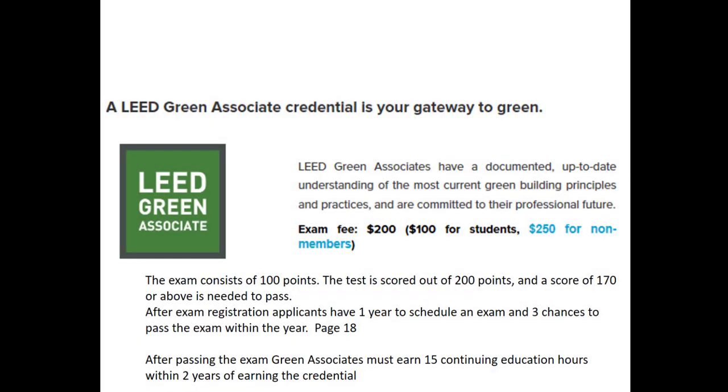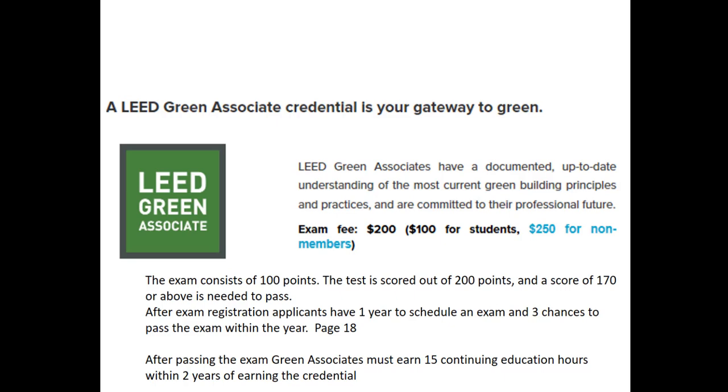So a LEED Green Associate credential is something that we can do. It's $100 for students, which is not that expensive in the bigger picture. The exam consists of 100 questions. The test is scored out of 200 points. That doesn't necessarily mean that each one is worth a certain amount.